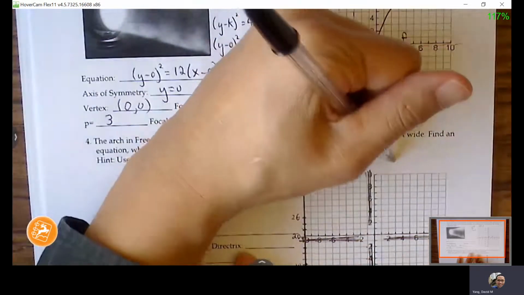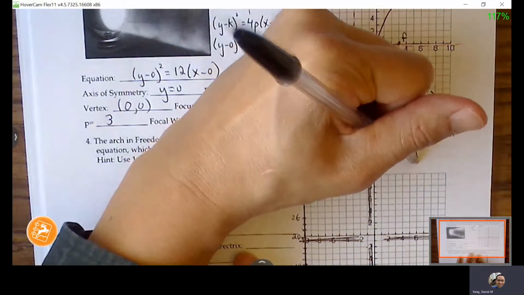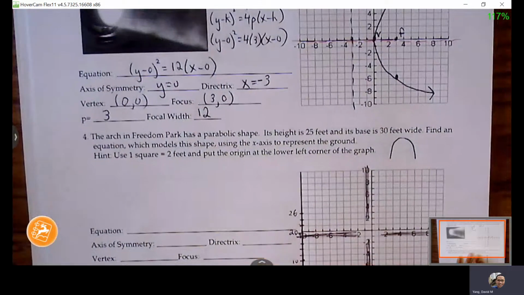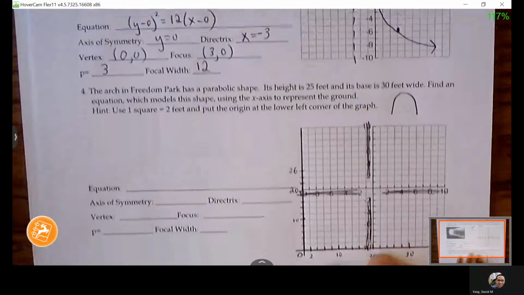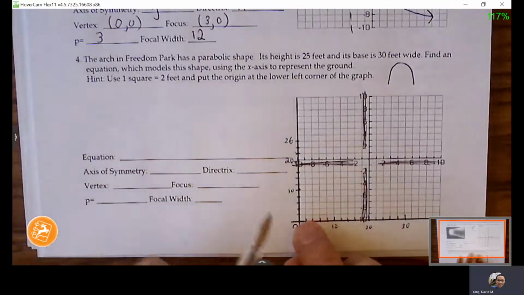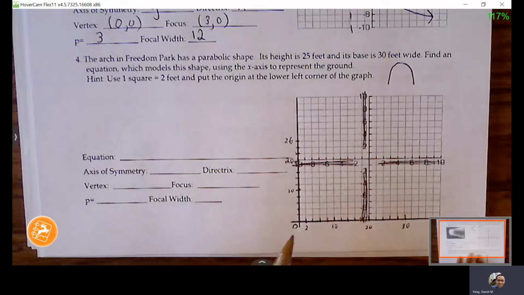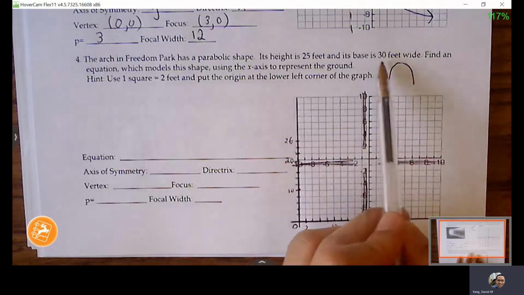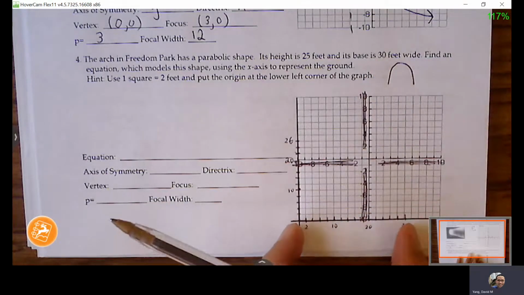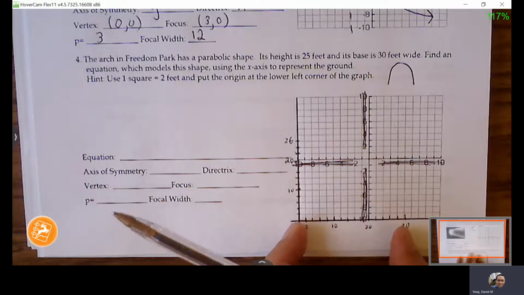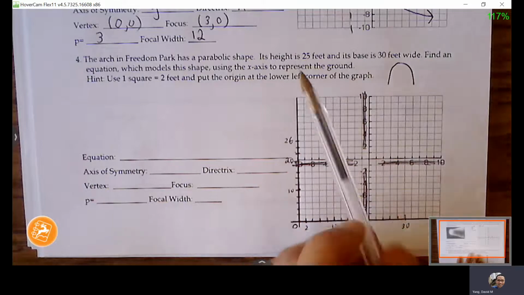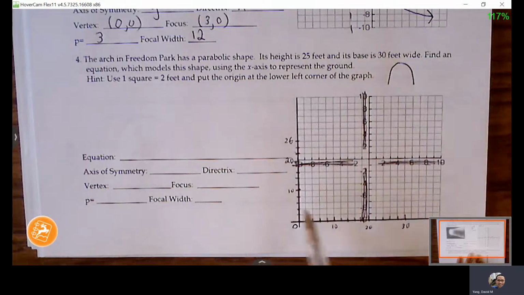So we know that our arch is going to resemble a parabola opening down. I'm labeling every tick mark as 2 units, so I'm going to go to 30 to allow for that base. The arch is going to start at 0, 0, end at 30, 0, and the height will be halfway reaching 25 feet.